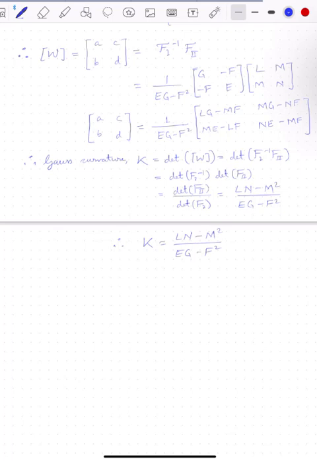Fine. Okay. Now how about the mean curvature? The mean curvature H is half of the trace of the matrix representation W. Now half of the trace is equal to half, and of course half into 1 by EG minus F squared, times LG minus MF plus NE minus MF.